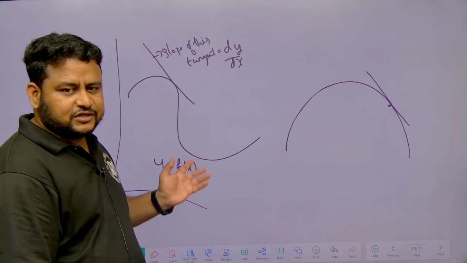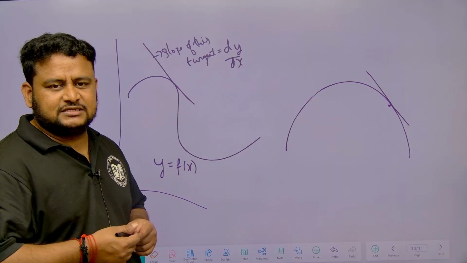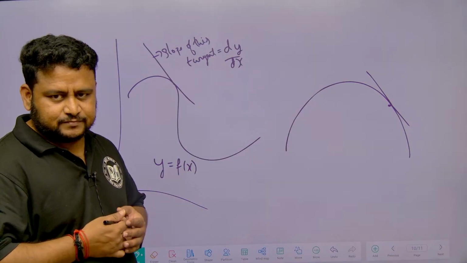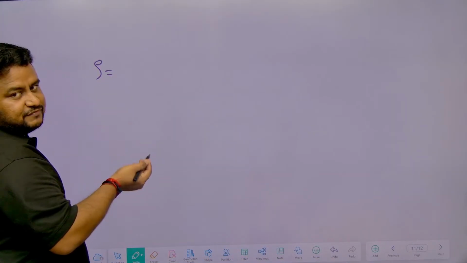Okay, and one more thing. Suppose a function is given as a function of distance. Let us take this as s, let it be distance. You know s is equal to ut plus half a t square, you know that.